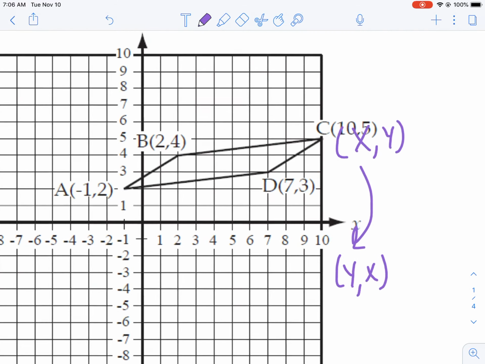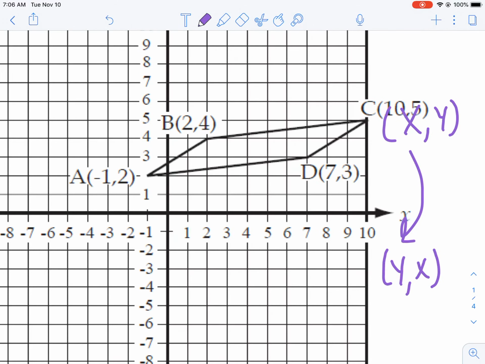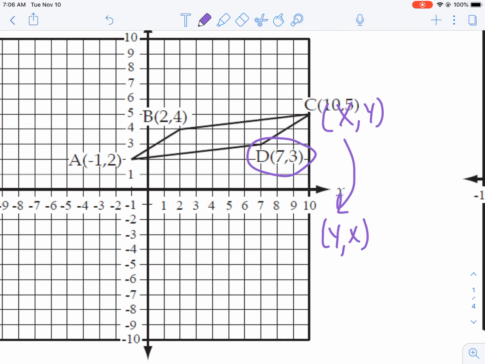So we're going to look at these points. Let's start with D. D is 7, 3. That means it's going to flip to 3, 7. So its X value will be 3 and its Y value will be 7. So we're going over 3 and down 7 because we know it's got to be in this quadrant.